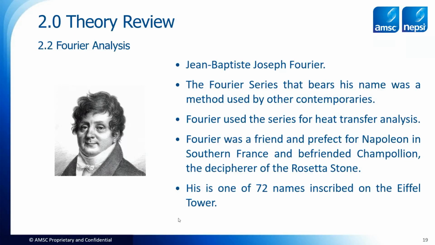That person was the decipherer of the Rosetta Stone. So often in history, we find that there are a lot of people who were contemporaries and knew each other in the day and were related and were friends. And if you're familiar with the Rosetta Stone, that is that large black stone that has multiple languages and was a key for helping to decipher a lot of the ancient languages.